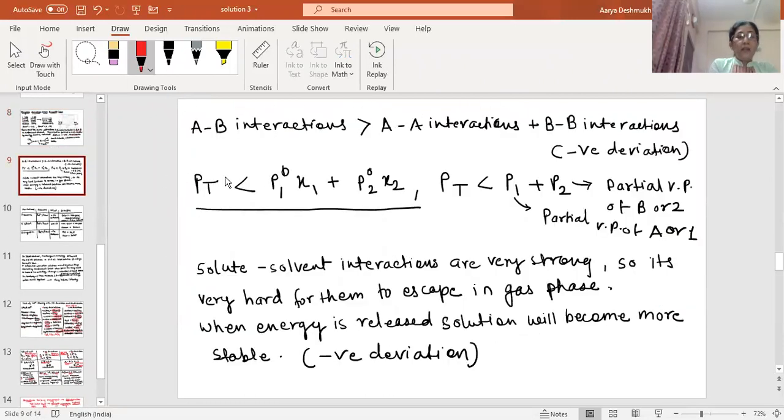So it means that these AB interactions are greater than AA interactions plus BB interactions.